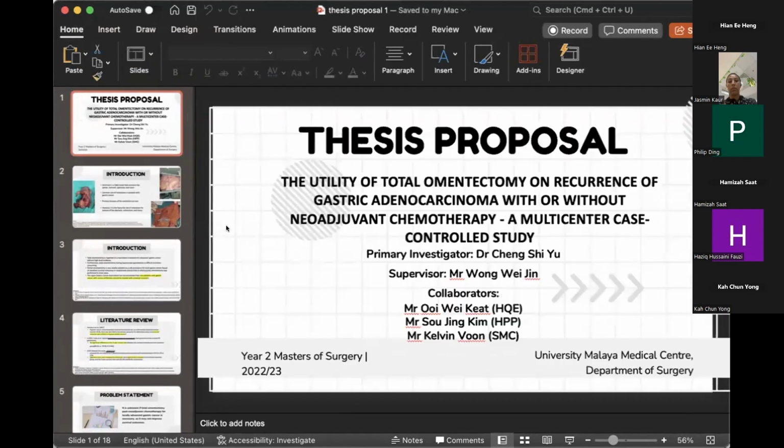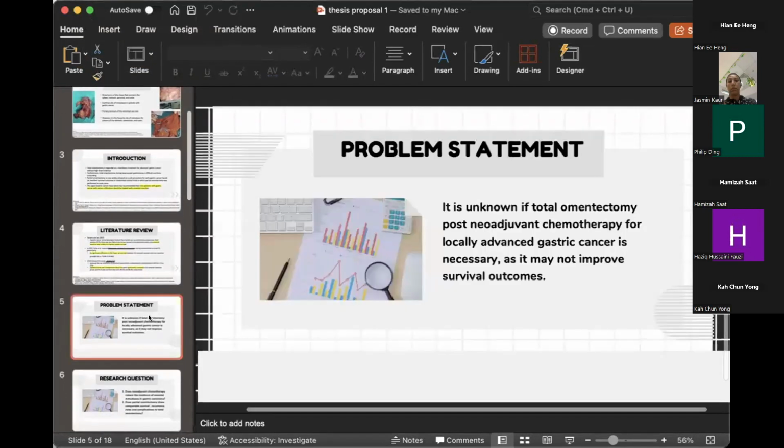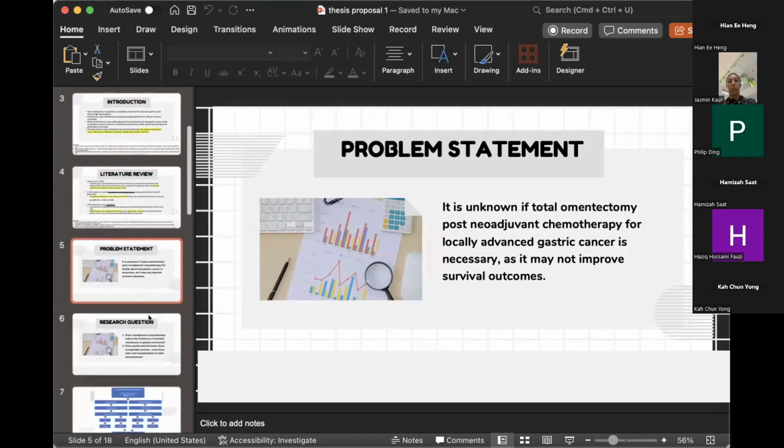So this is the title of my study, Utility of Total Omentectomy on Gastric CA with or without neoadjuvant chemo. My problem statement is, it is unknown whether total omentectomy post-neoadjuvant for gastric cancer is necessary. The standard of care now is that total omentectomy is necessary.